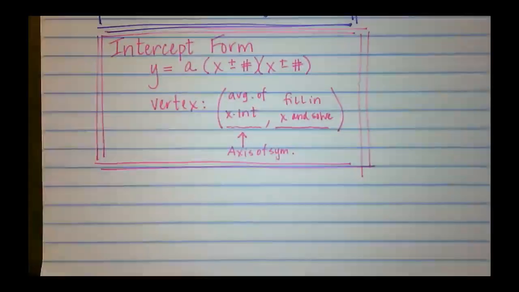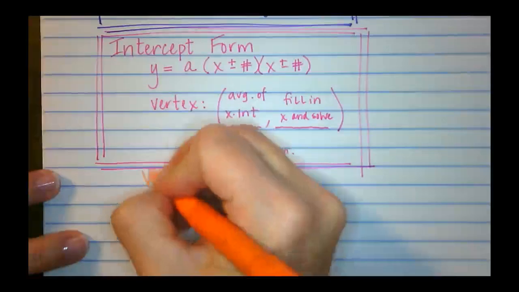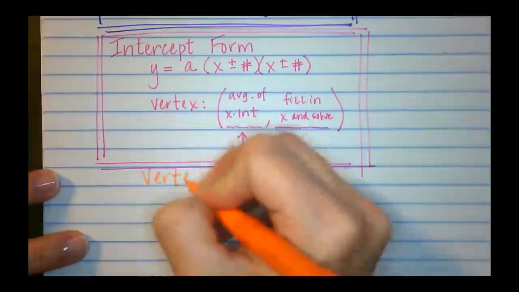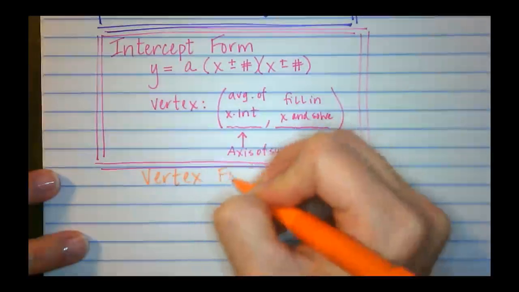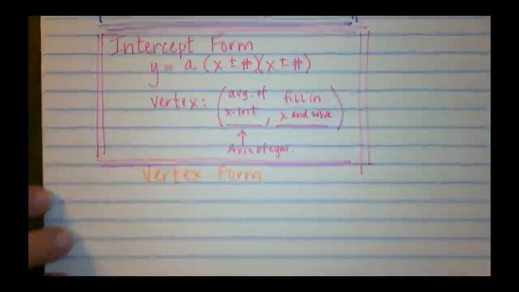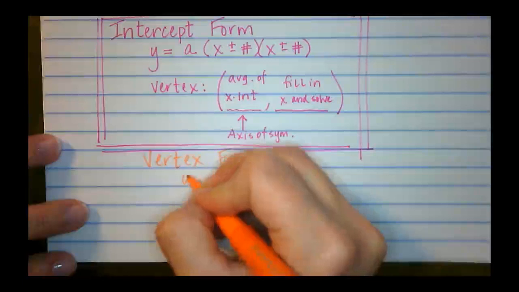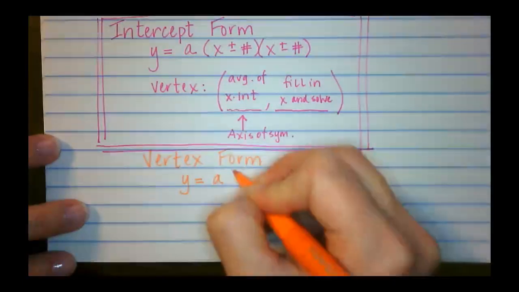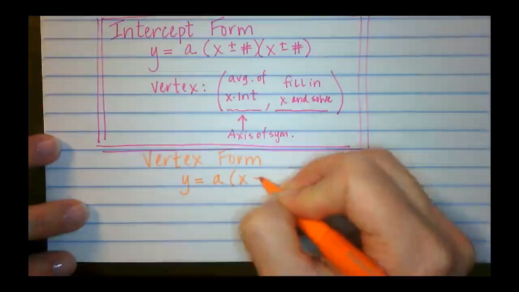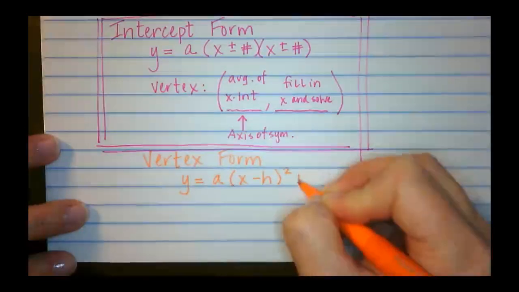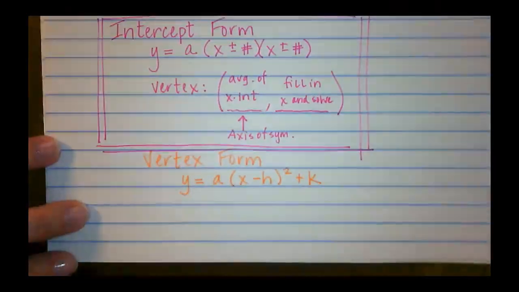All right, next up, and the fan favorite, is vertex form. So, vertex form. There's got to be a good reason why this is called vertex form. And there is an excellent reason why this is called vertex form. So just to refresh your memory, vertex form is a times x minus h squared plus k.